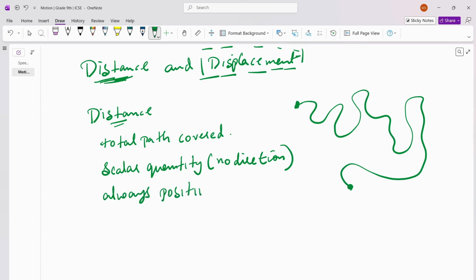Okay, you cannot have a negative distance. Distance is always a positive value, right? For example, if you walk 10 meters forward and then 5 meters backwards, so your total distance will be 15, right?